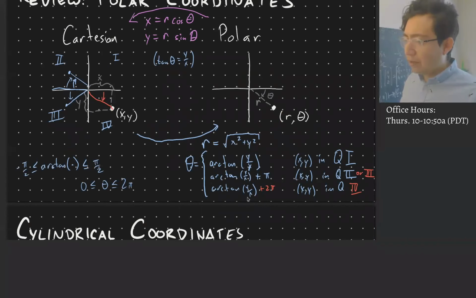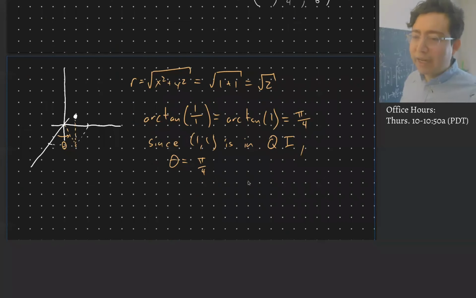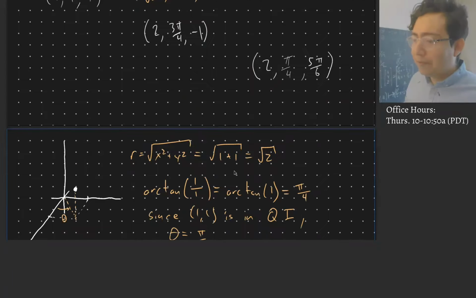If it's in the fourth quadrant, I add 2 pi. If it's in the second or fourth quadrant, you get something negative, so you add pi or 2 pi. If it's in the third quadrant, you get something positive but smaller than pi, and you should be getting something bigger than pi, so you add pi to get something bigger than pi.